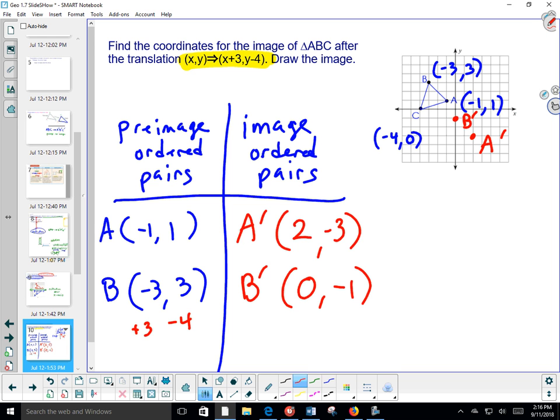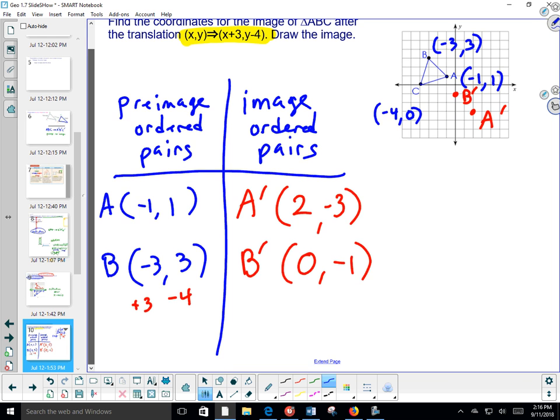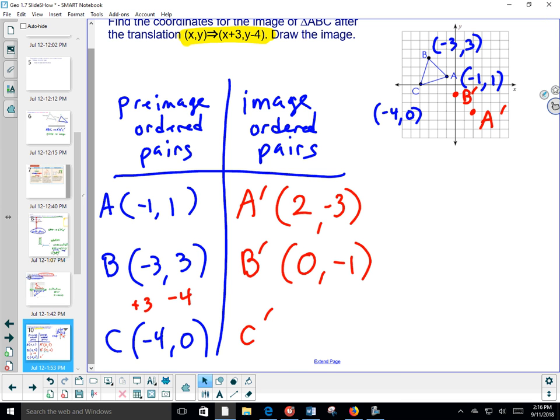And then how about point C? C was negative 4, comma 0. So where is C prime going to be? Nathan May. Negative 1, negative 4.